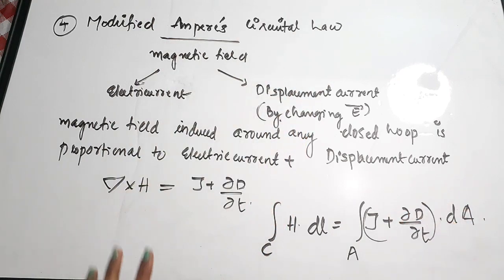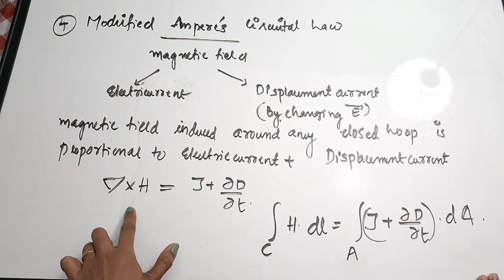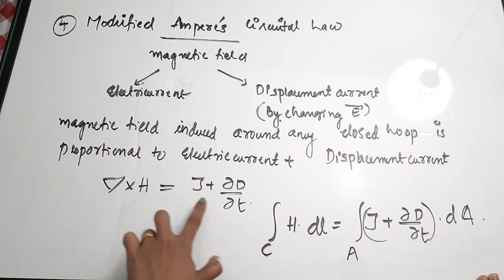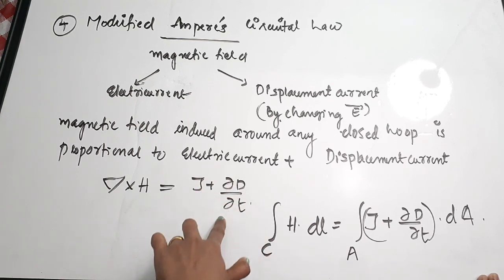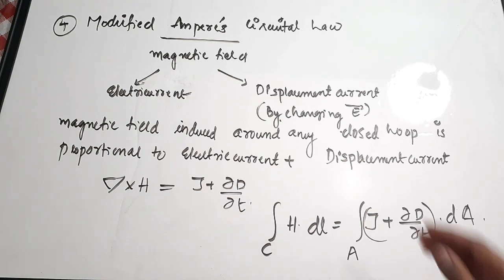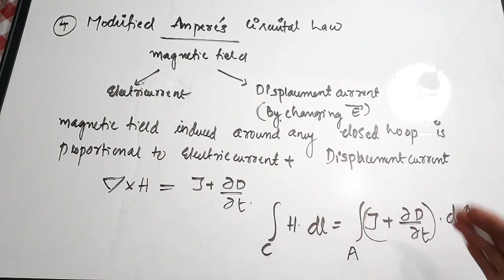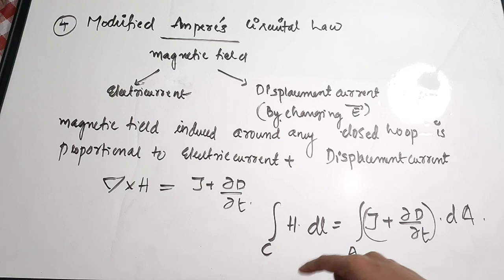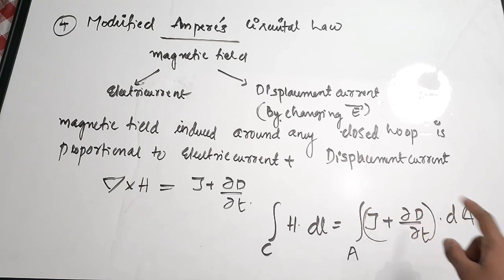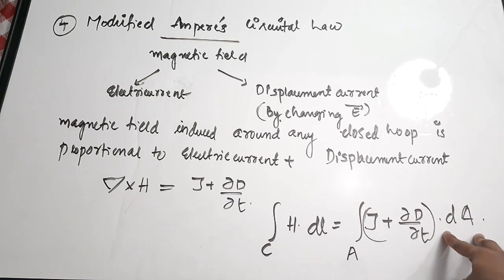Now in the equation form, it is written as del cross H equal to J, the electric current, plus dou D by dou t. And in the integral form you can write the integration over a closed loop of H dot dl equal to the integration over an area of J plus dou D by dou t, into dA.